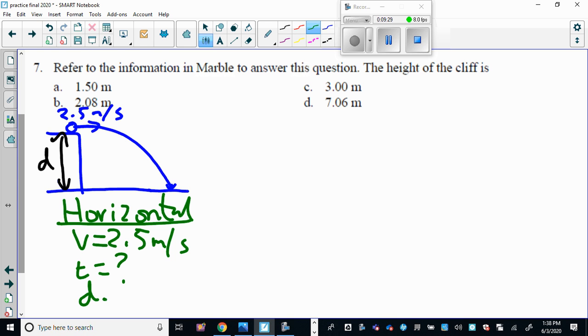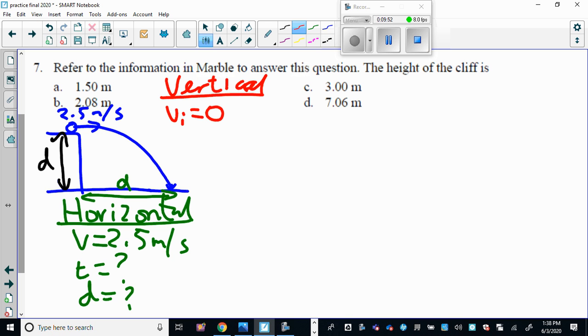No. Do we have the displacement? No. This is the horizontal displacement right there, or the range, as we commonly call it. So that's what we have from the horizontal perspective. From the vertical, what do we have? Well, we have the initial velocity, because it initially doesn't have any vertical velocity, so that's 0. We have acceleration due to gravity.